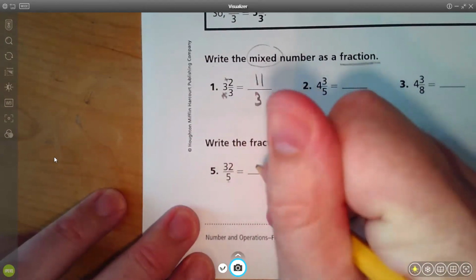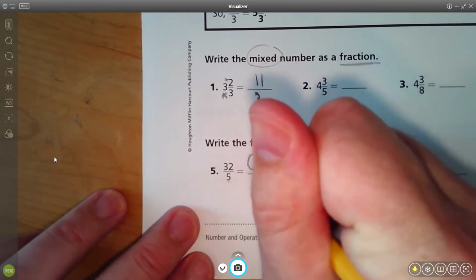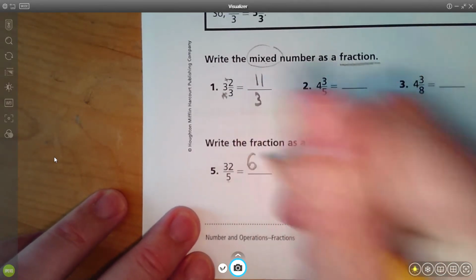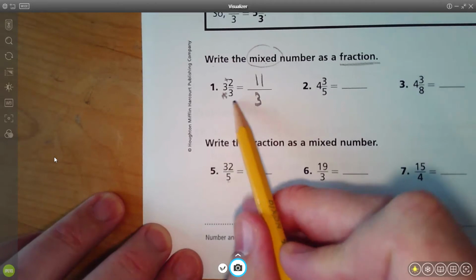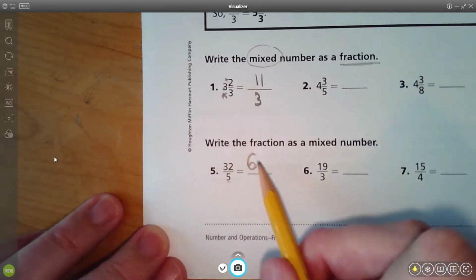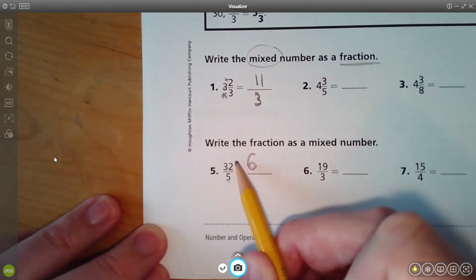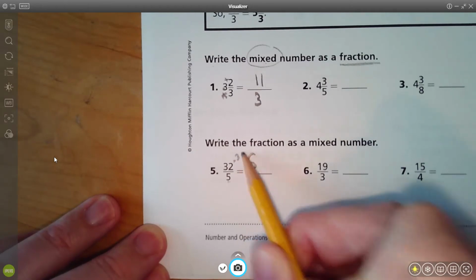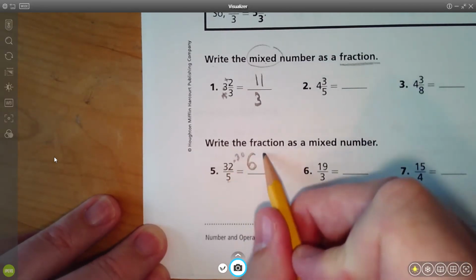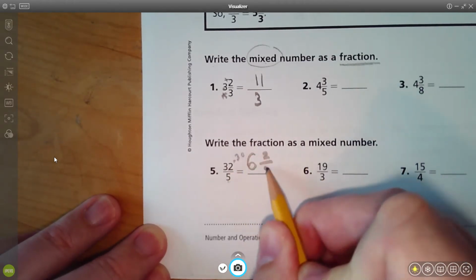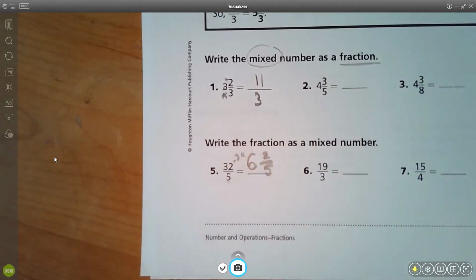So I pull out 6, which then gives me a big 6. Make sure it's bigger. They don't really do a good job on this worksheet because their font is the same there, but a big 6. So 6 times 5 was 30. So if I took 30 away from that, I'd end up with 2 fifths left.